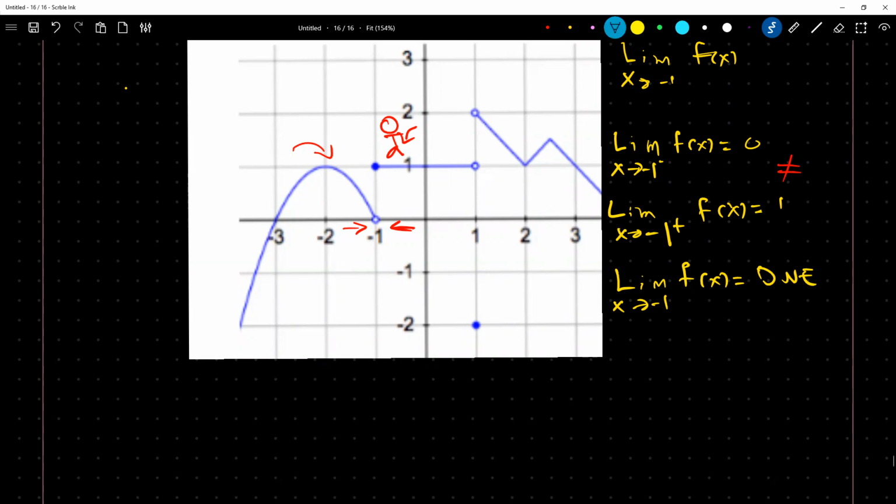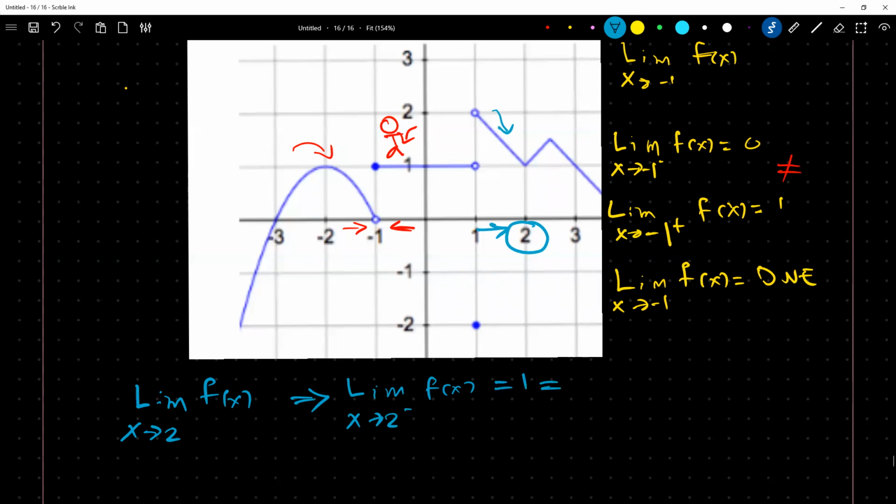Okay, great. Now let's look at the next location. Let's say we're interested in 2. So I want to take the limit as x goes to 2 for f of x. That means we need to take the left side limit. From the left, I'm going along this direction, getting closer to 2, and my y value is getting closer to 1.